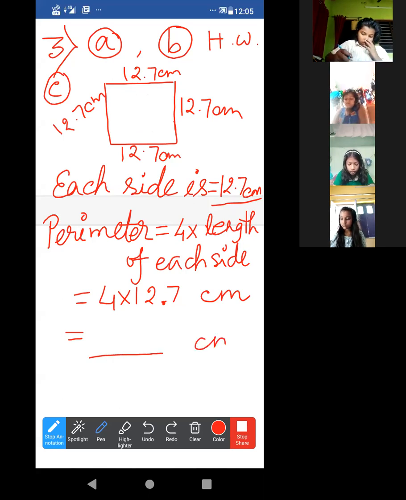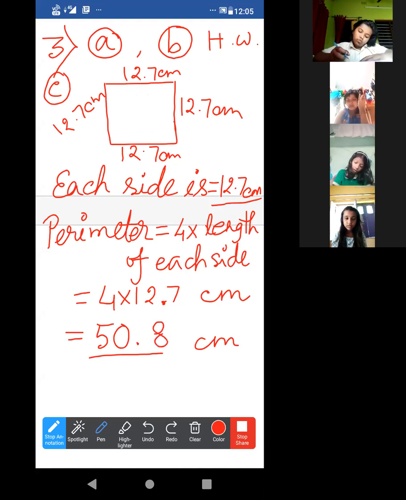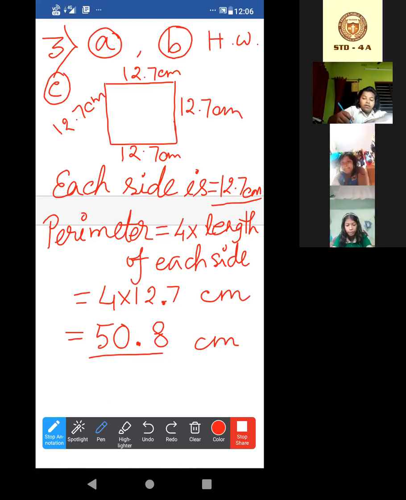Find this one. Mousim, I am writing the answer. You will say whether this one will be correct or not. Mousim, this one is correct. Ankita, Nusaiba. Okay, I'm waiting. Good.